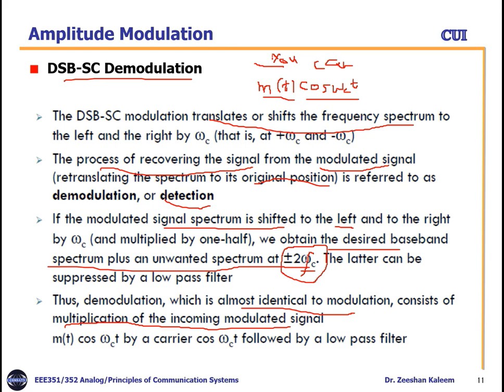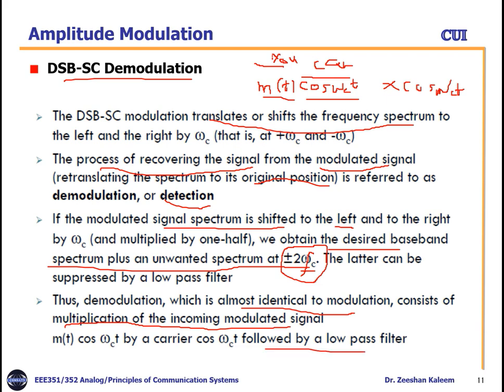What we did in modulation was multiply the message with a carrier signal. So to recover this signal, we also need to multiply m(t) cos omega_c t, this is our modulated signal, with another carrier, cos omega_c t, and then pass it through a low pass filter.